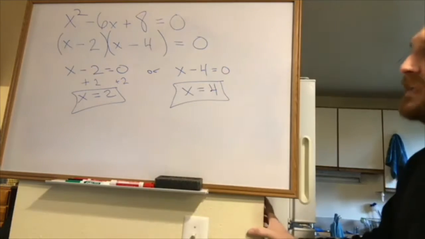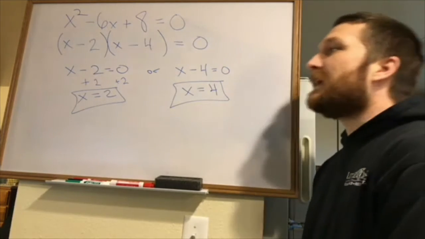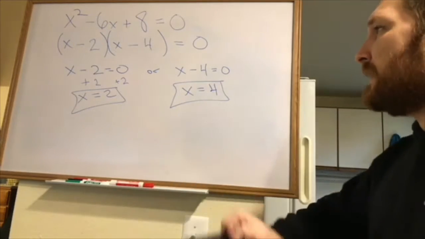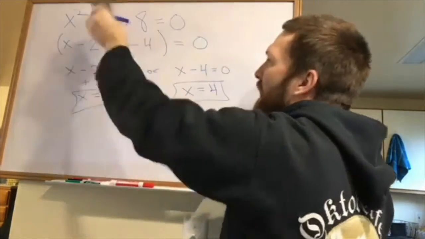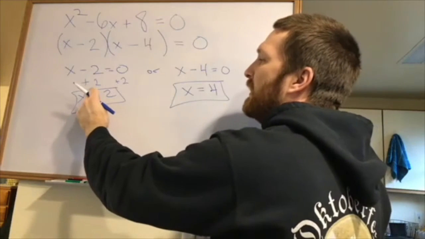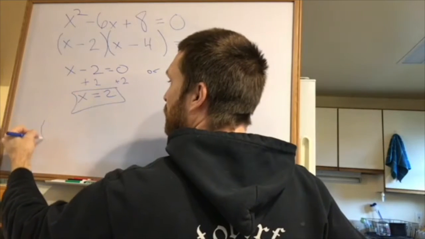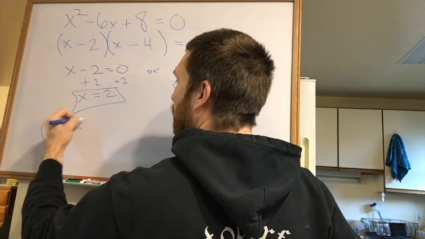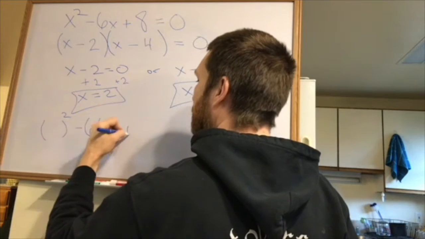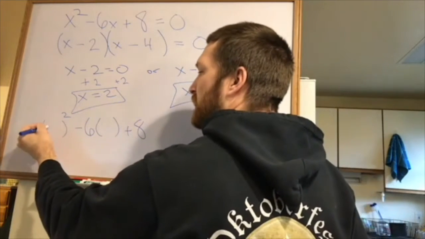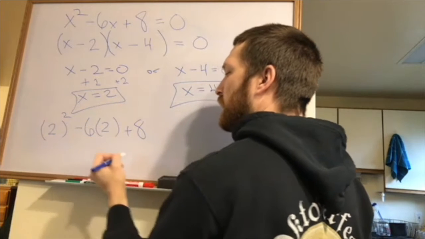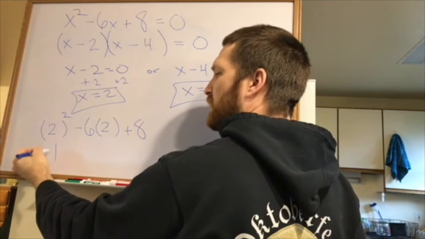Okay. And so let's check. Let's see if this works, right? Now, I'm just going to take what we have here and plug it back in. So if x is equal to 2, then we have something squared minus 6 times something plus 8. I plug in a 2 for x, and so I get 2 squared and a 2. And 2 squared is 4.